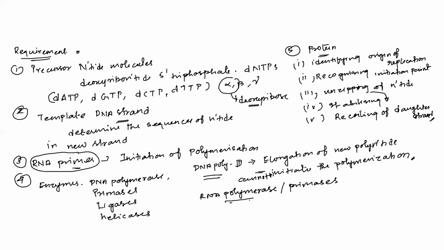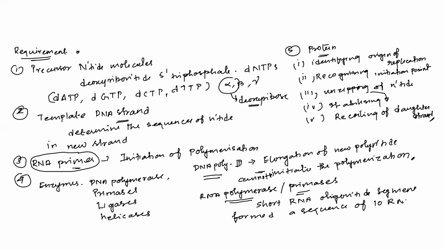So what are RNA primers? They are short RNA oligonucleotide segments formed by a sequence of about 10 RNA nucleotides, which are complementary to the parental template strand.